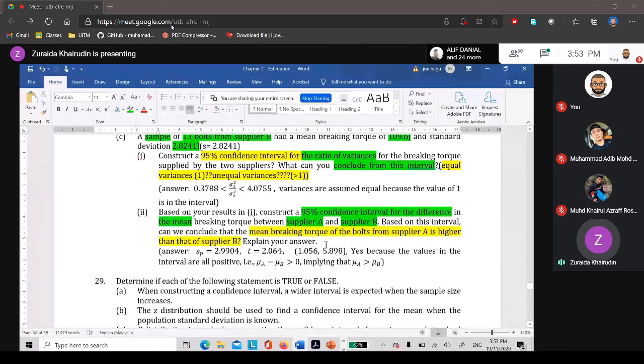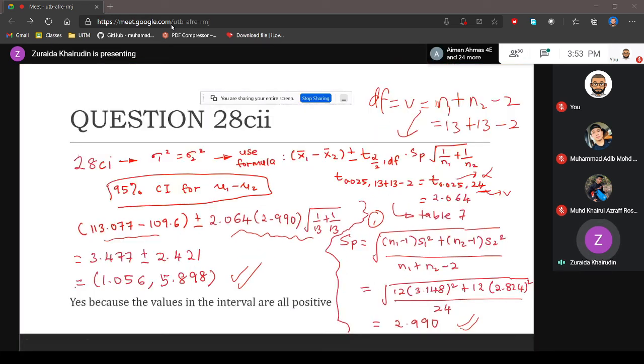Then it says explain your answer. Is it true that the mean breaking strength of the box from supplier A is higher than that of supplier B? When we want to check whether supplier A is greater than supplier B, the question is actually asking whether mean A is greater than mean B. Here, what you subtract is X bar A minus X bar B. So is it true mean A is greater than mean B?